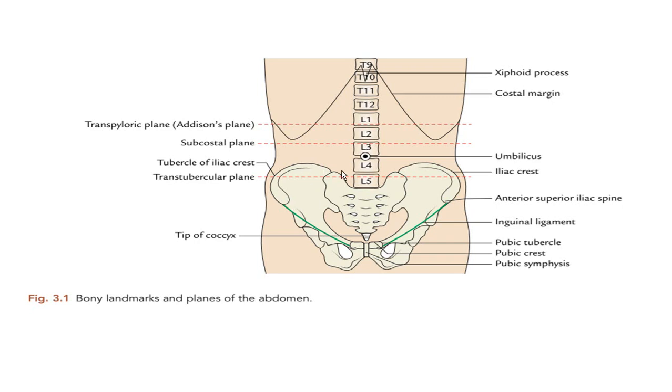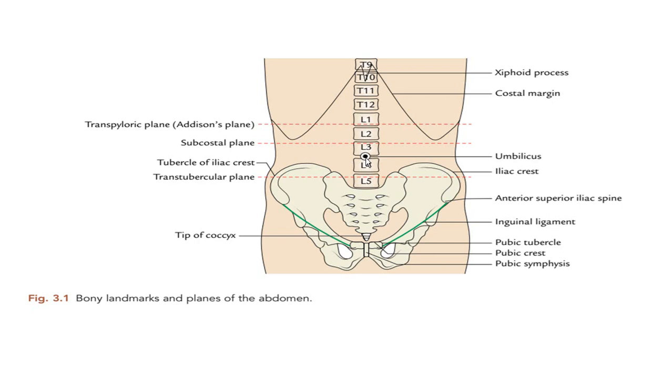And as you can see in this picture, the highest points of the iliac crest lie at the level of the fourth lumbar vertebra, just below the level of the umbilicus.